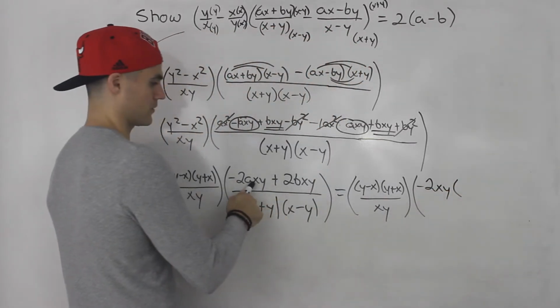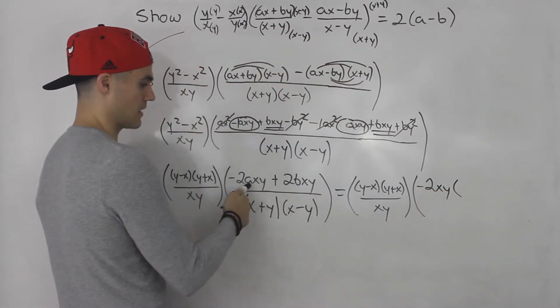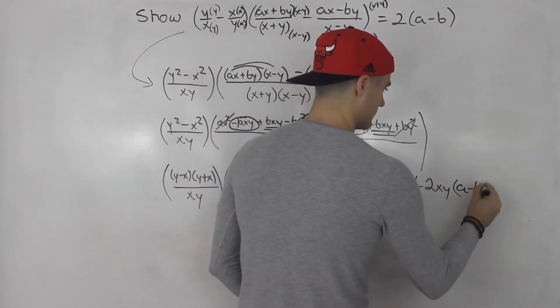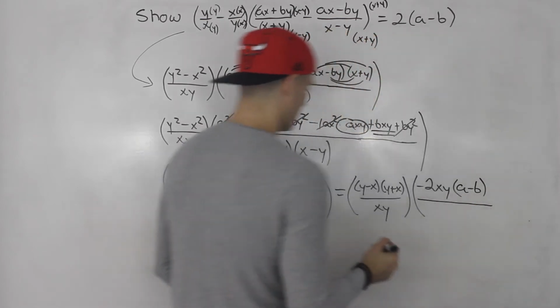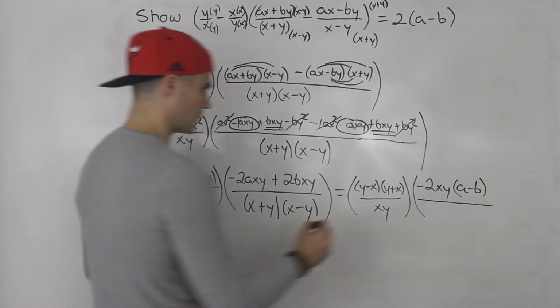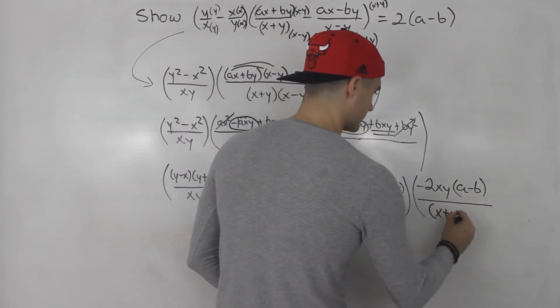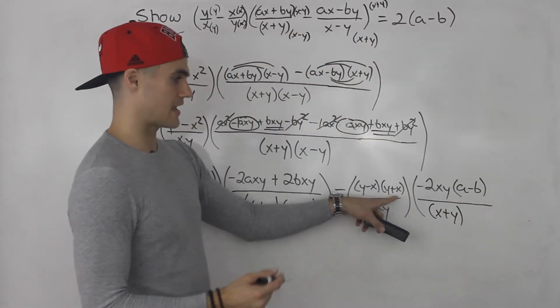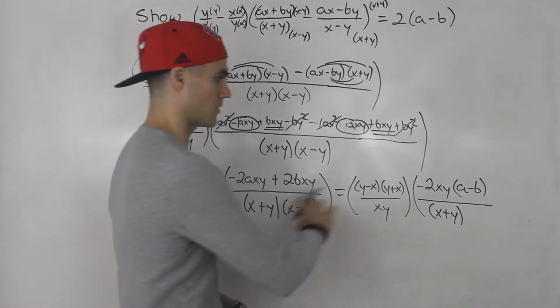What would I be left with when I take out a negative 2xy from these two? I'd be left with a minus b. And then here, we got x plus y. And notice that this x plus y and this y plus x, those are the same. They're going to cancel out, because you're multiplying here.